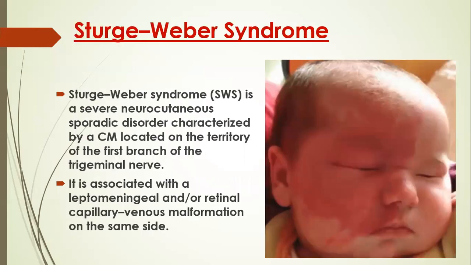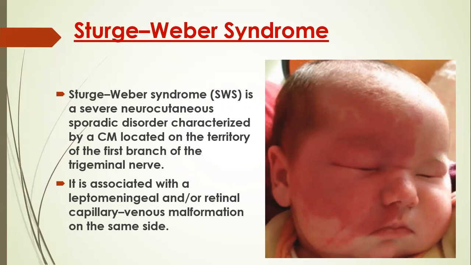Sturge-Weber syndrome. Sturge-Weber syndrome is a severe neurocutaneous sporadic disorder that is characterized by a capillary malformation located on the territory of the first branch of the trigeminal nerve. So this is important because the chances of getting Sturge-Weber increase when this capillary malformation involves the ophthalmic branch of the trigeminal nerve.